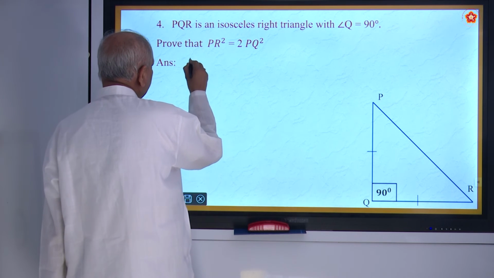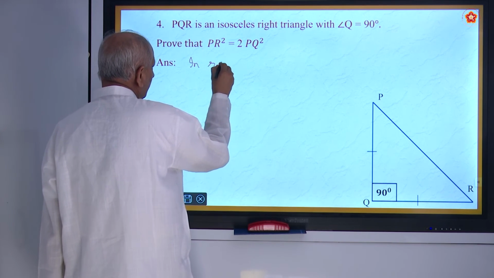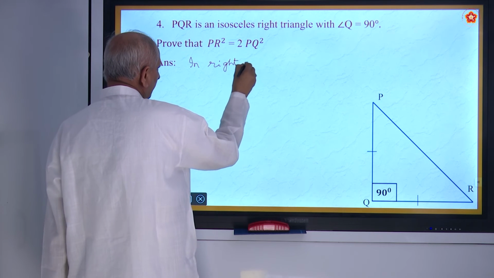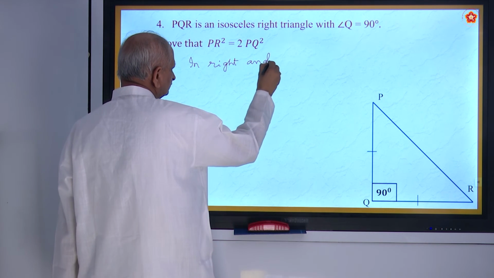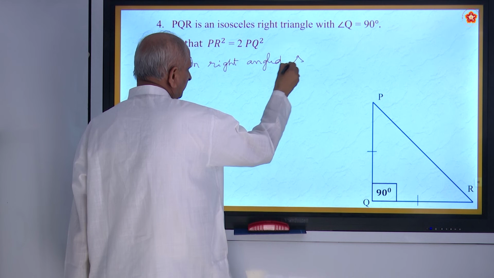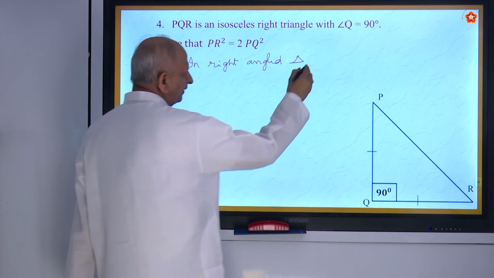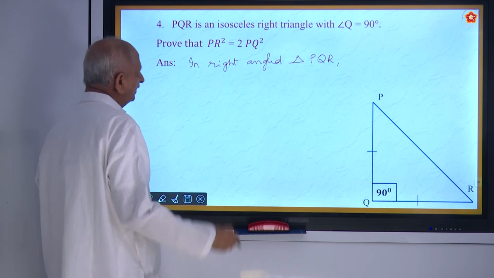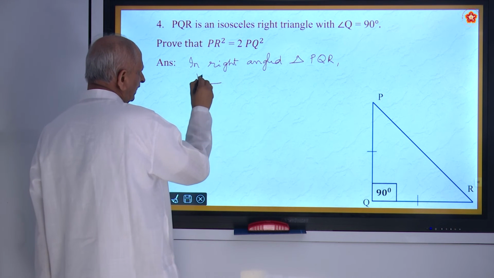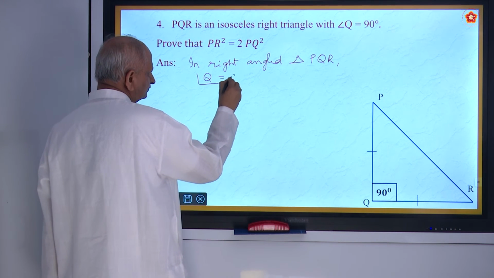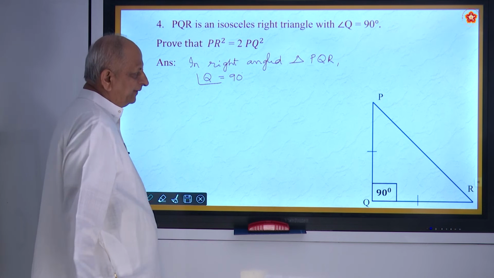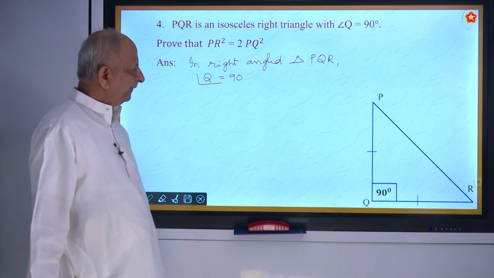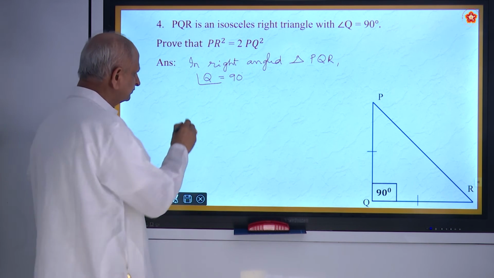So, in a right angle triangle named PQR, you are given angle Q is equal to 90 degrees. So what is the hypotenuse? The hypotenuse becomes PR, is it not?